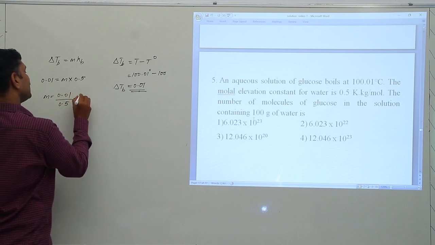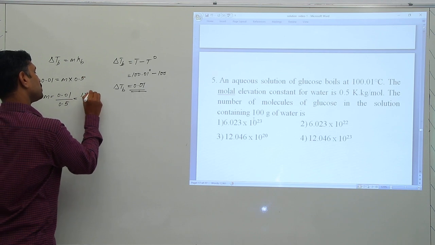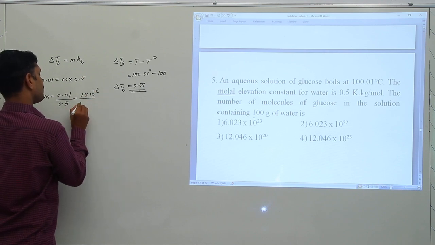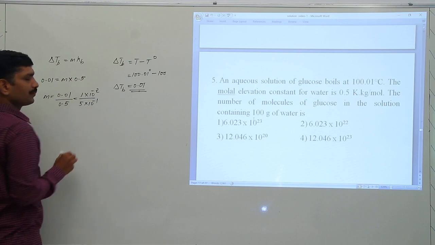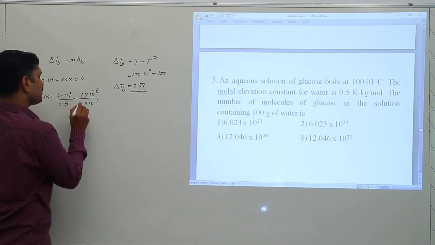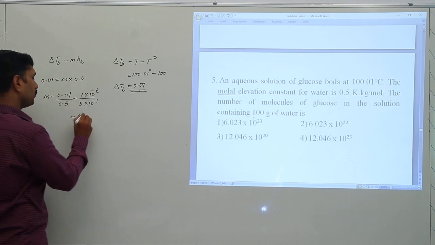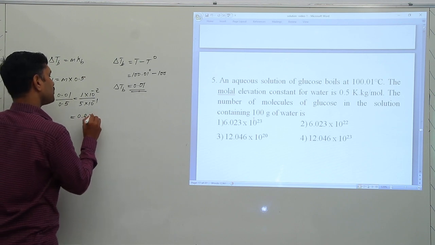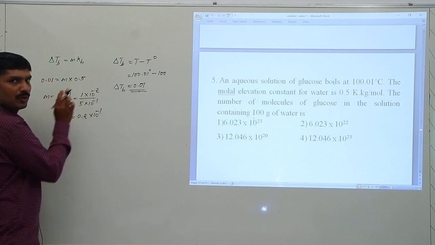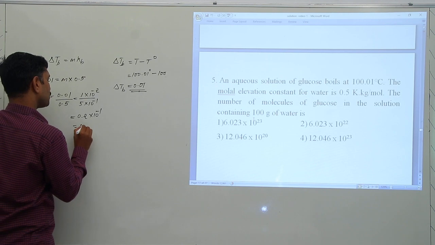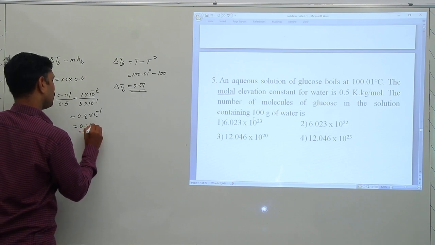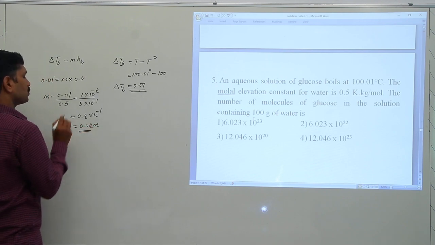You can write this as 1 into 10 to the power minus 2 divided by 5 into 10 to the power minus 1. So 1 by 5 is 0.2 into 10 to the power minus 1. So you can write it as 0.02. This is actually the molality of the solution.